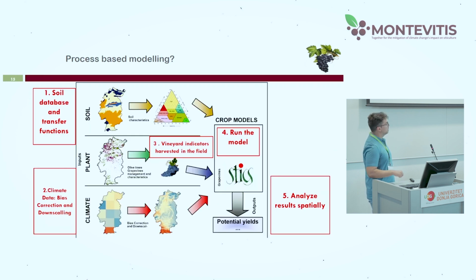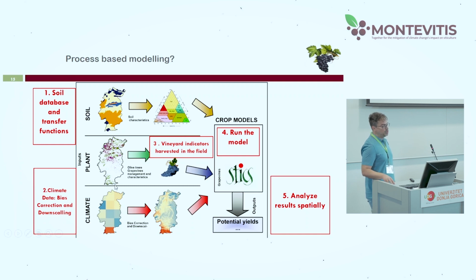So the process is in 5 steps. We usually collect data. In this case, we collect soil data for any typical region, in this case a region in Portugal. After the soil data, we collect the climate data.